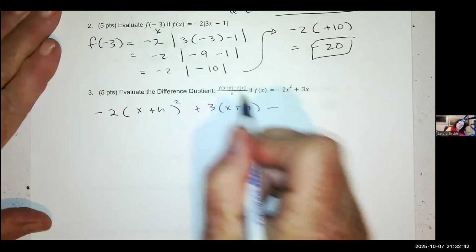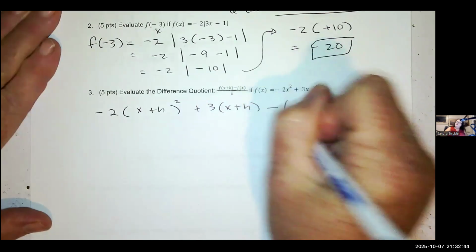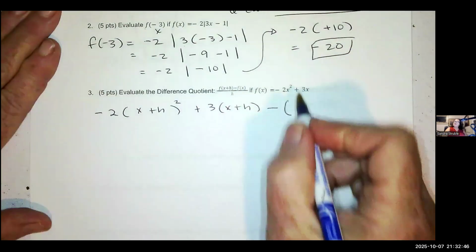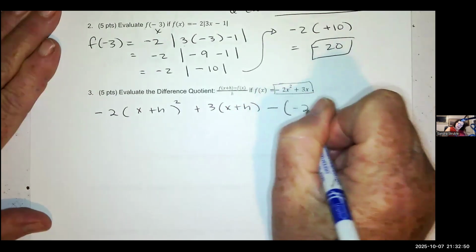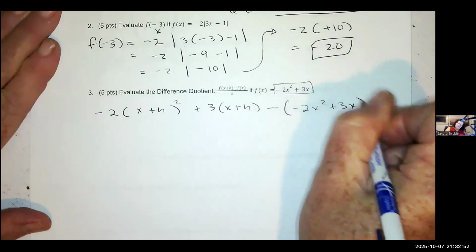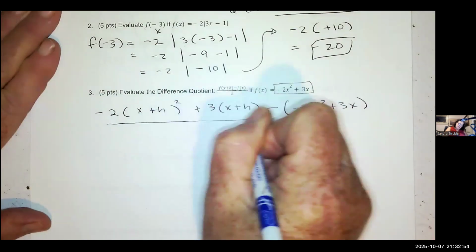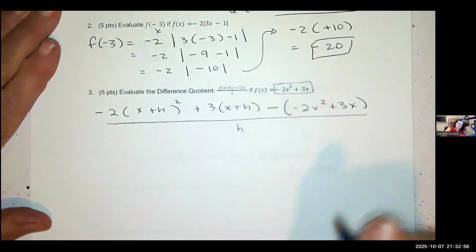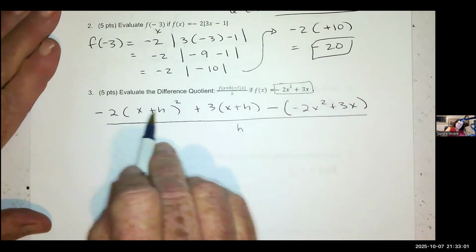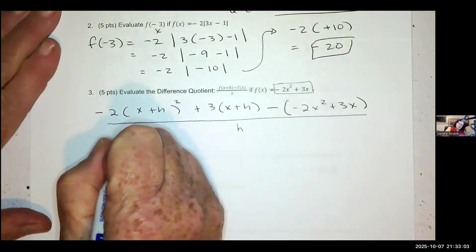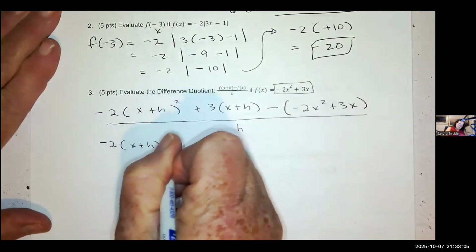Minus, here's the minus, open a parenthesis and write the entire f of x function again: -2x squared plus 3x. And all of this is over h.